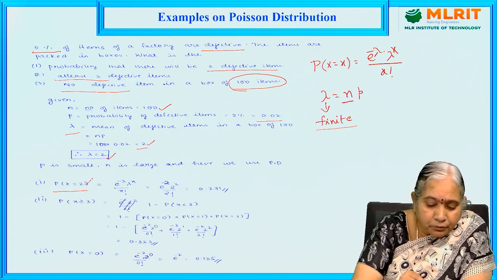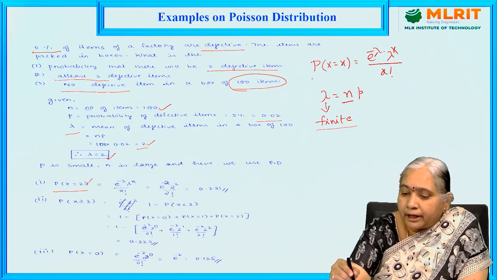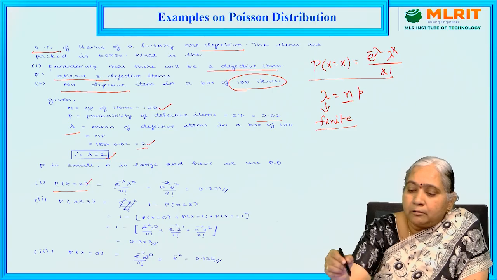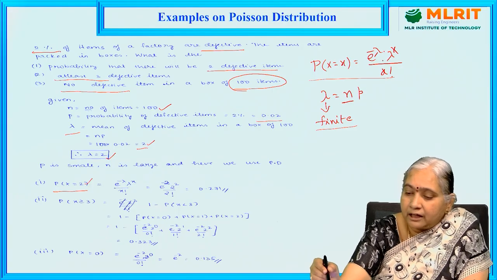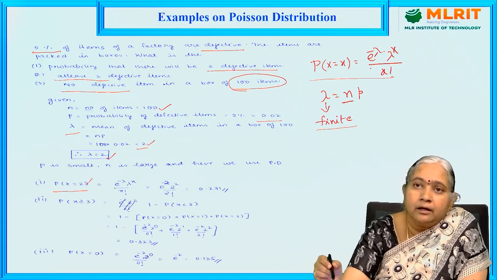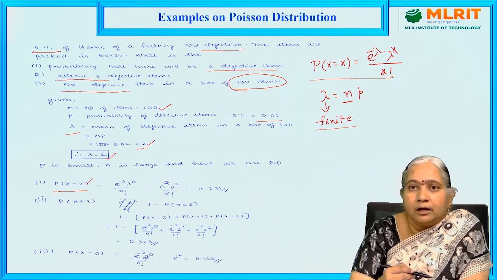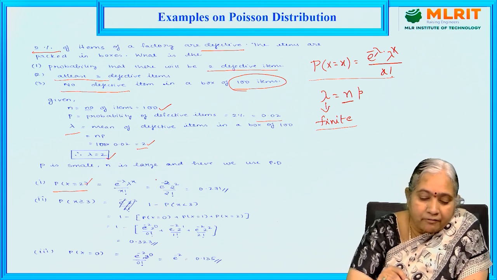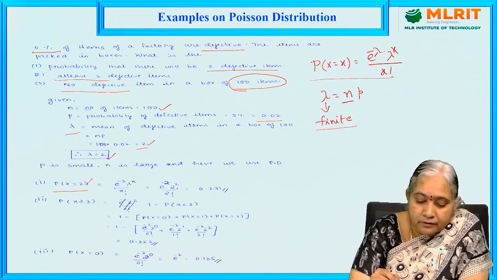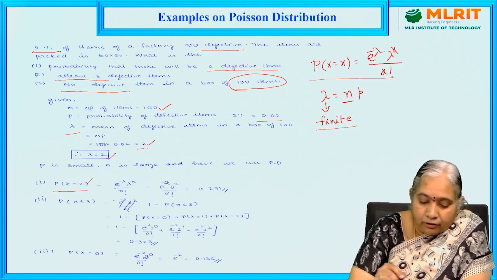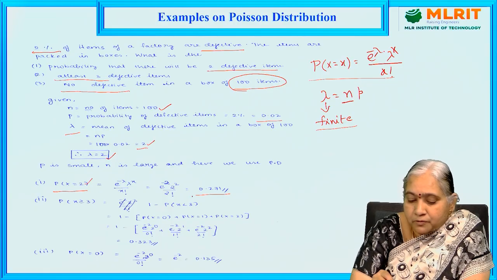The formula is p of x is equal to e power minus lambda into lambda power x by x factorial. Here e power minus 2 into 2 square by 2 factorial. After simplification, we get the probability is 0.271.